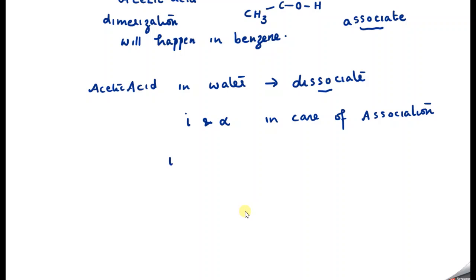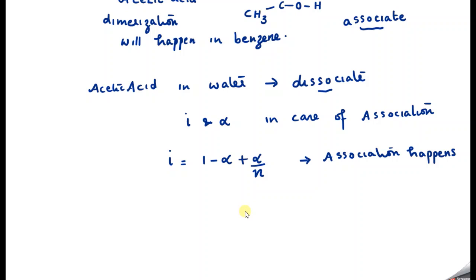The basic relation is i is equal to 1 minus alpha plus alpha by n. This is when association happens. There is a derivation there that you could see when you subscribe to the Brainiacs lectures. If you need it, you can contact us on how it is derived.